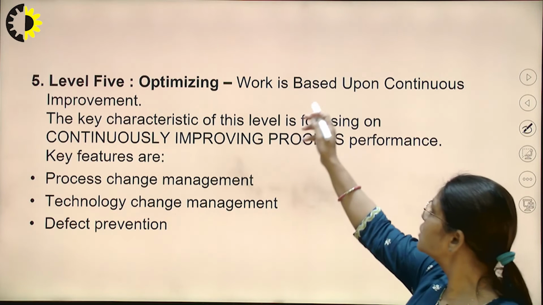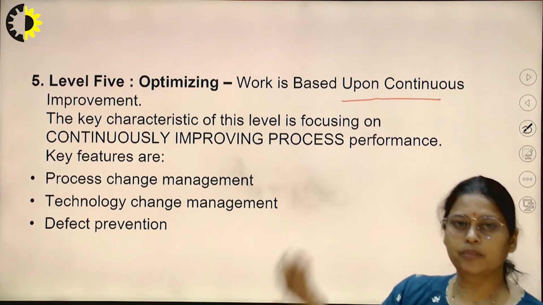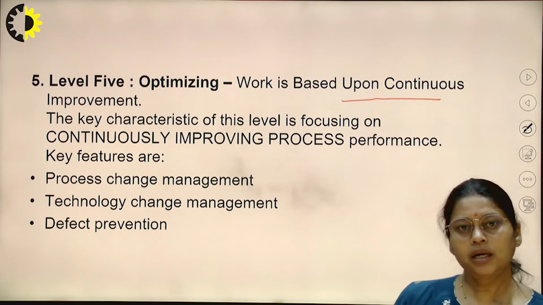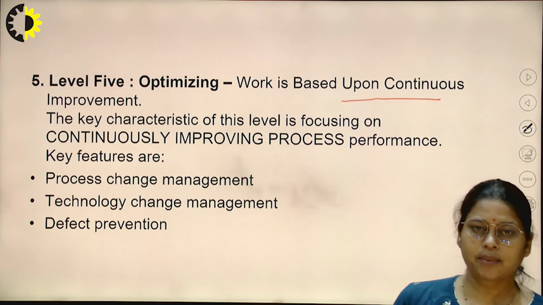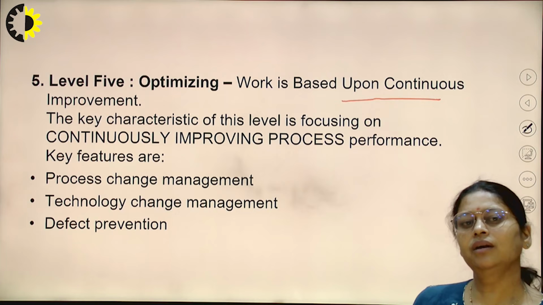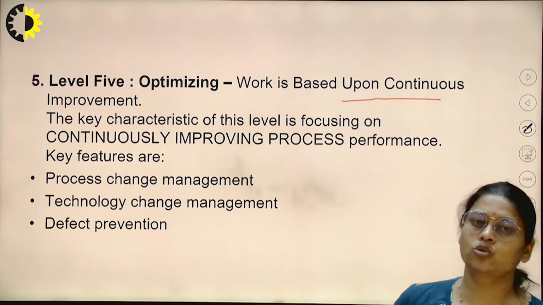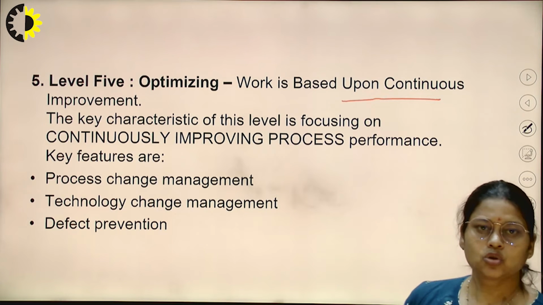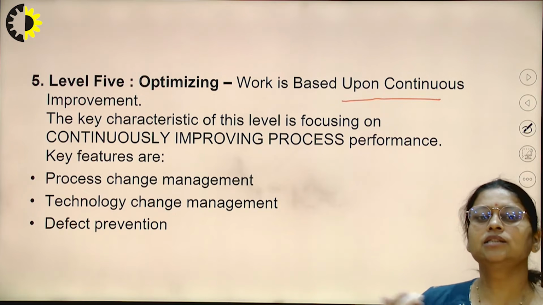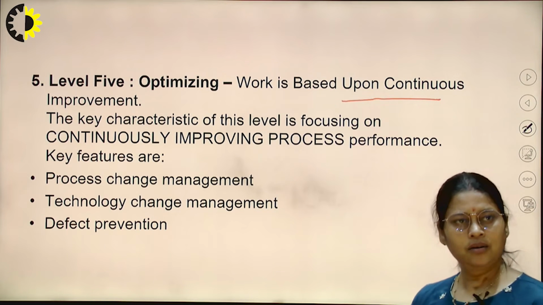Work is based upon continuous improvement, meaning not only development work, but the company also continuously provides support to their customers. Such a type of company is eligible for CMM level 5.